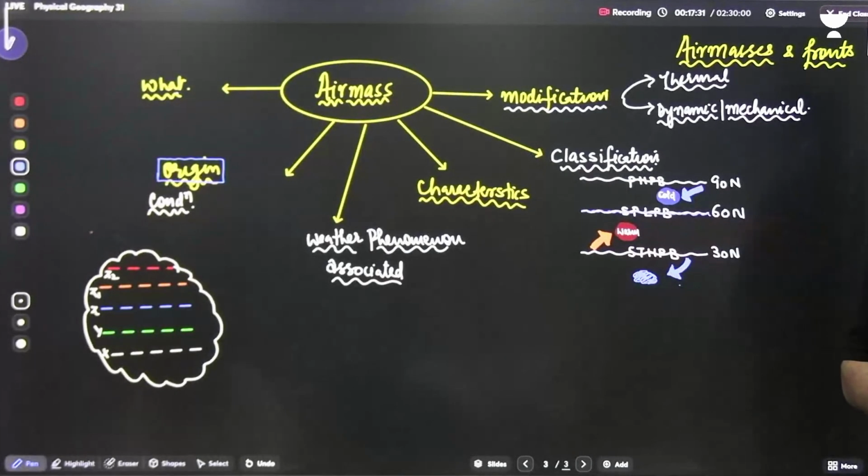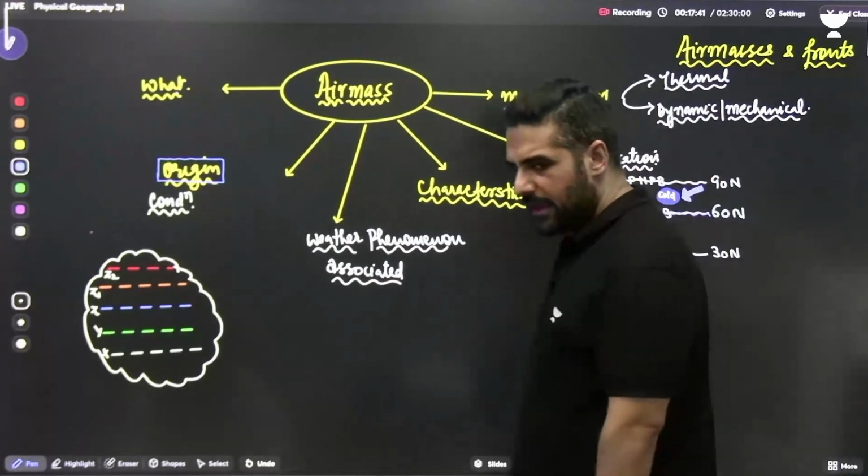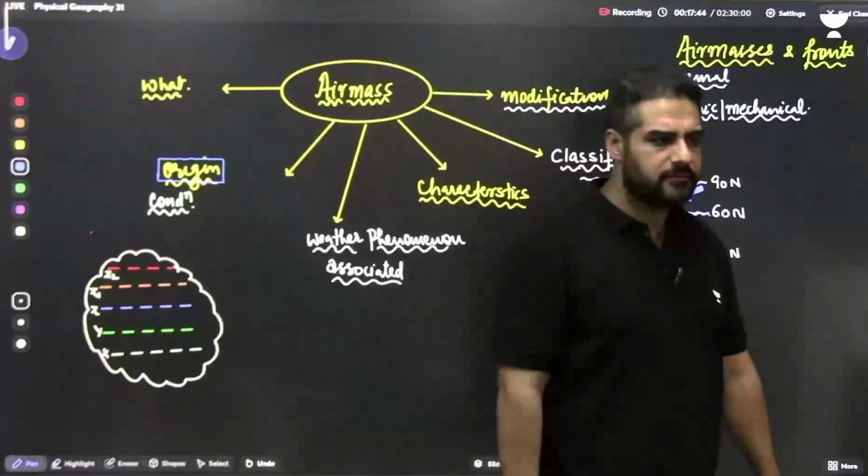When I say density, can I say temperature is there? Oblique kar do, temperature, lapse rate, etc.